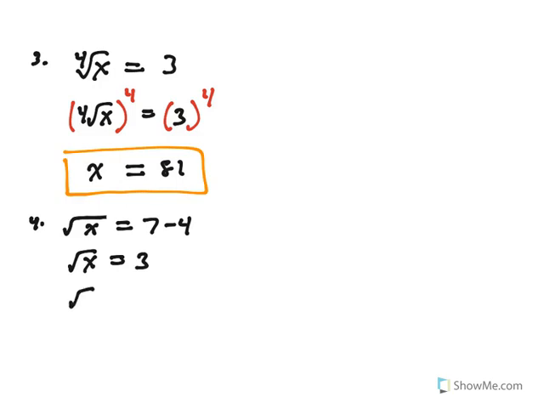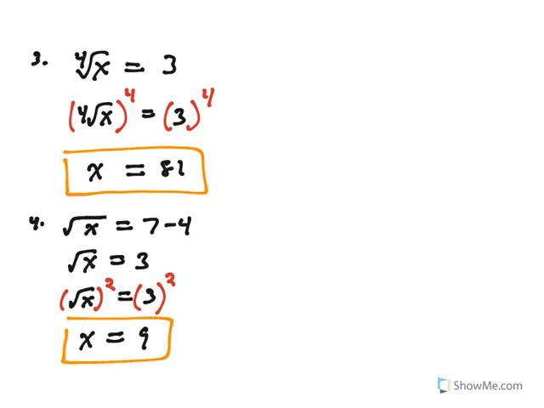So we're going to raise the square root of x to the second power, and what you do to one side, you have to do to the other, so we're going to raise the 3 to the second power. The square root of x raised to the second power is just x. And then 3 times 3 is 9. Remember, 3 to the second power does not mean 3 times 2. It means 3 times itself twice. So be careful. And that's your answer for that. Okay, let's do another one.